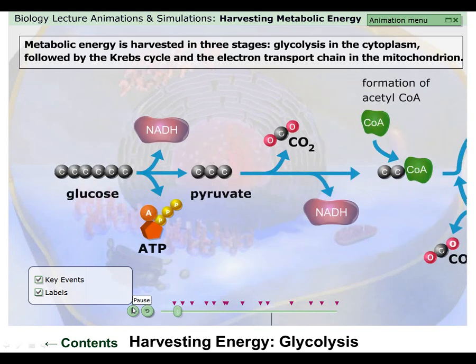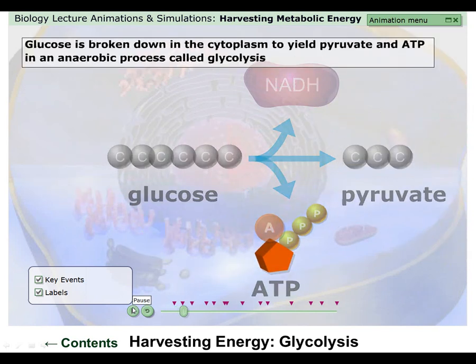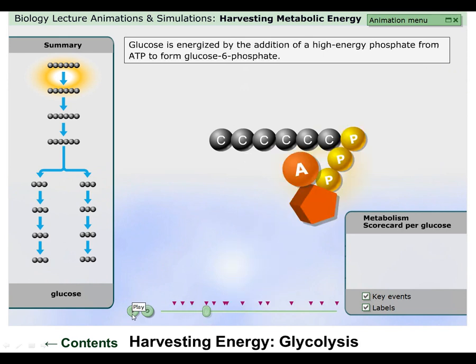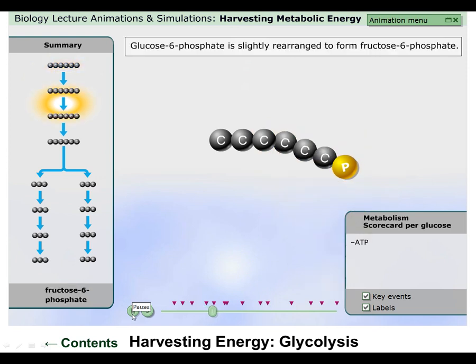But if we specifically look at glycolysis and producing pyruvate, we have a 3-carbon molecule transported into the cell cytoplasm, and what we noted is that it's an expensive process, in that we actually spend 2 molecules of ATP priming, and you can see how it's kind of changing shape.